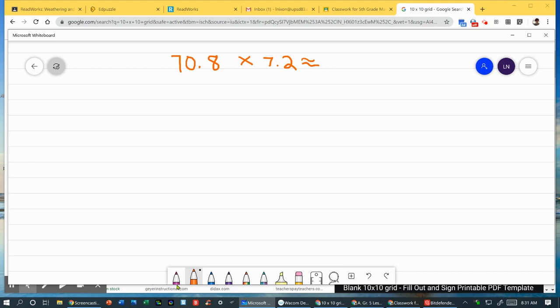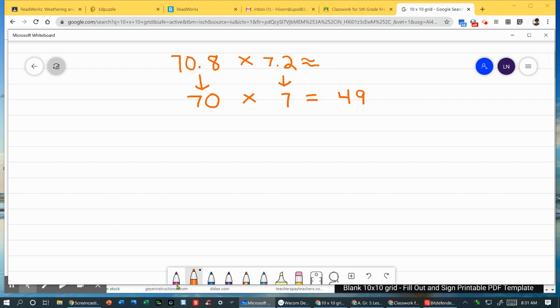Okay, check and see if you have the same thing. I rounded 70 and 8/10 to just 70. I rounded 7 and 2/10 to just 7. And then when I multiply 70 times 7, I would get 490.